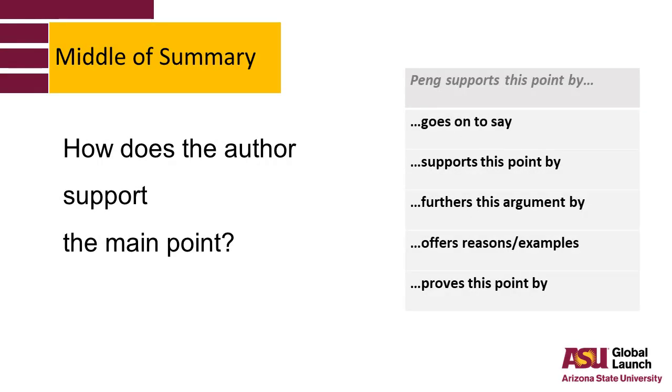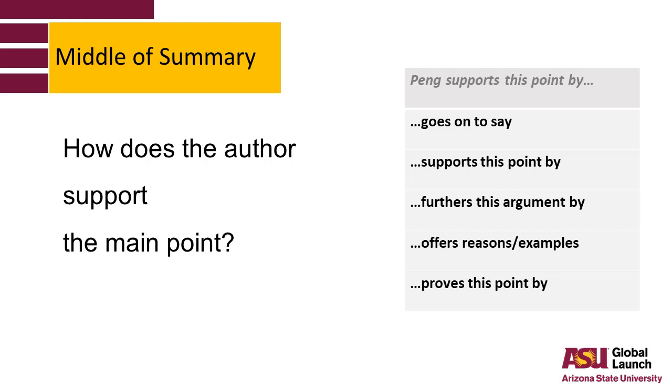Here are some phrases that you might use when explaining how the author supports his or her main point. You might say, for example, the author goes on to prove this point by, or in this case, Peng supports this point by offering 5 examples. It's really important that you speak from the perspective of the author.